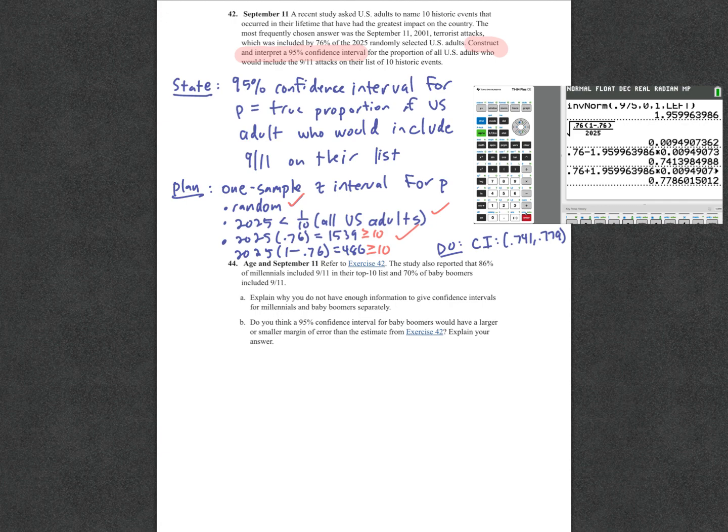Okay, so that's our confidence interval. All right, and then technically we would have to do our conclude, so interpret this interval, but I'm going to leave it to the book to do. Not enough room anyways. Okay, and then I'm not going to do 44. The book does 44 really well, so I'm going to skip that.